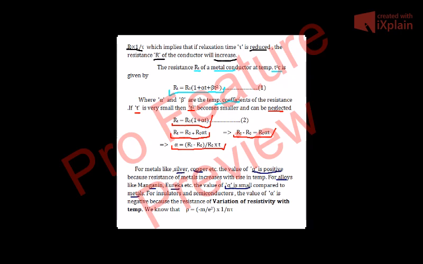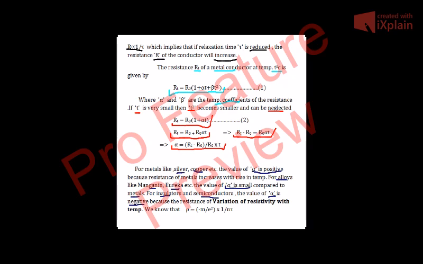Again the resistance increases, but it doesn't increase as much as in metals. For insulators and semiconductors, the value of alpha is negative because the resistance decreases. The resistance of insulators decreases with increase in temperature.